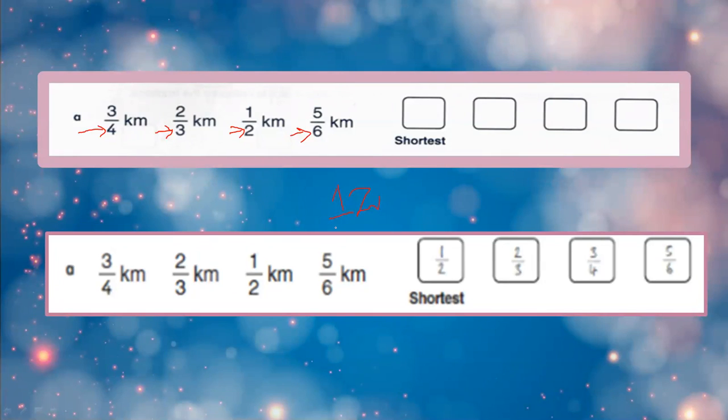Yes, 12 invites all of them. So can I convert it into 12? Make the denominator same. Can I convert it all into 12? Yes, why not? So for all I have to convert it into 12.